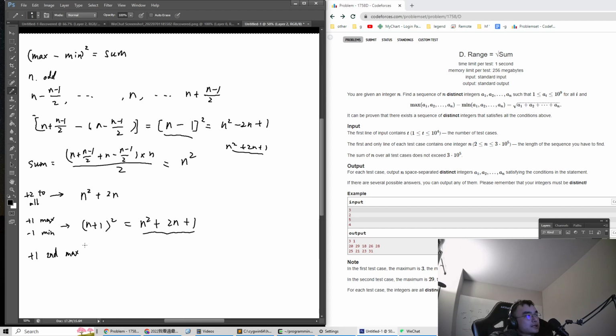To the array, right? So that the sum will increase by 1, but the maximum and minimum will stay the same because we only change the second biggest number in the array.